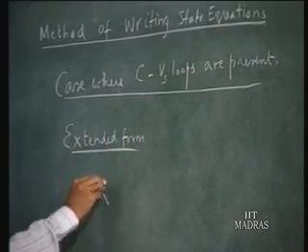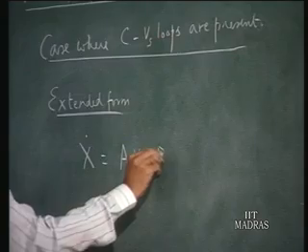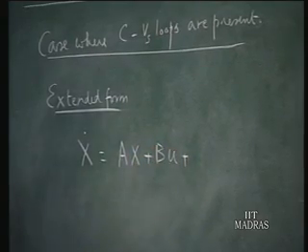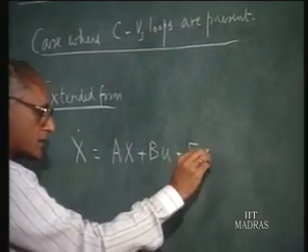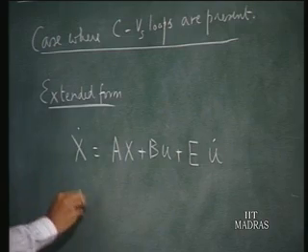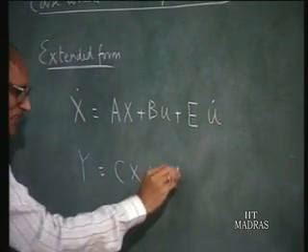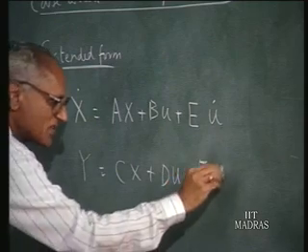The extended form will be X dot equals Ax plus Bu as before. In addition, you have another matrix E multiplying U dot, where U dot is the vector of derivatives of the input functions, and Y likewise is Cx plus Du, the standard form, plus F times U dot.